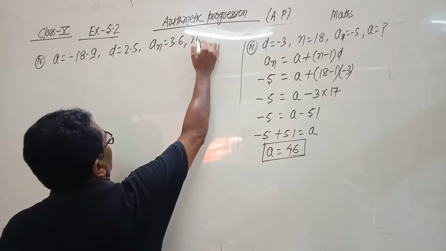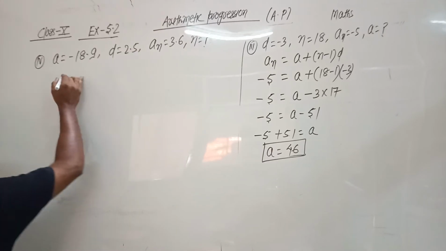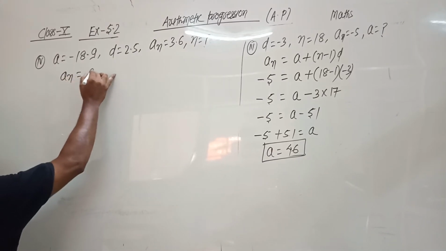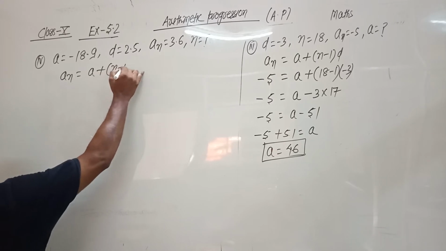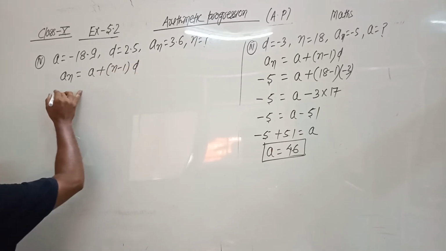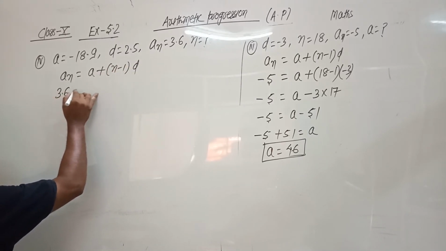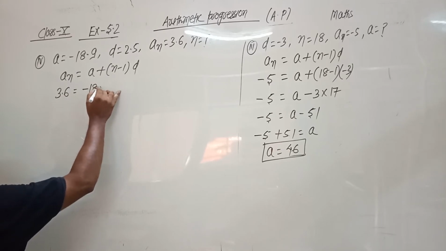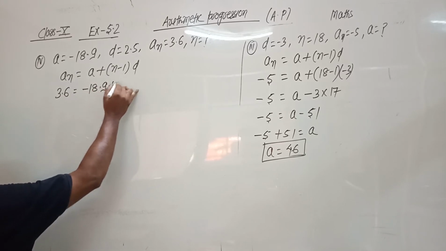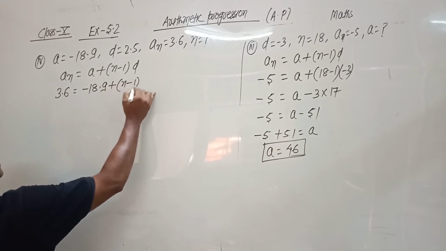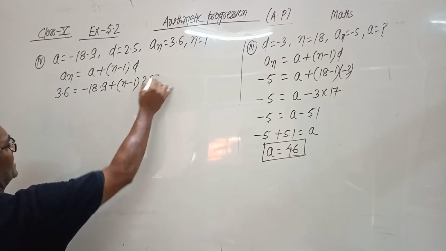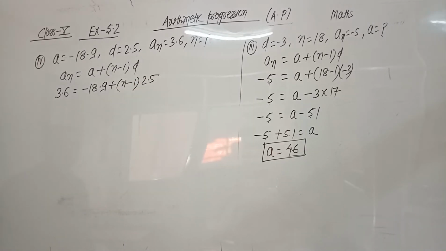We have to find n. So the formula is an equals a plus (n minus 1) into d. The value of an is 3.6. The value of a is minus 18.9 plus (n minus 1), and the value of d is 2.5.